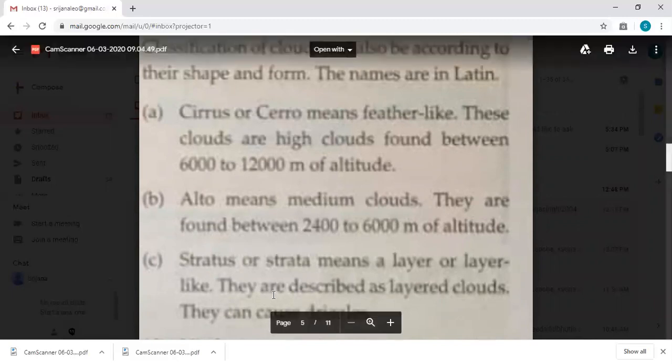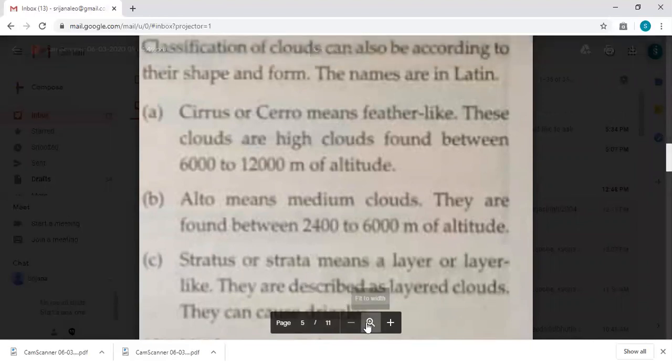Now next is the stratus clouds, let's say, because it is found in strata. When you look up into the sky, you will see the entire sky is all gray. The entire sky is covered with gray.